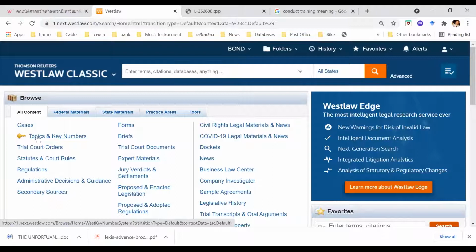And the last one I will show you is how to search for legal terms and get definitions using the dictionary. Westlaw provides you Black's Law Dictionary.